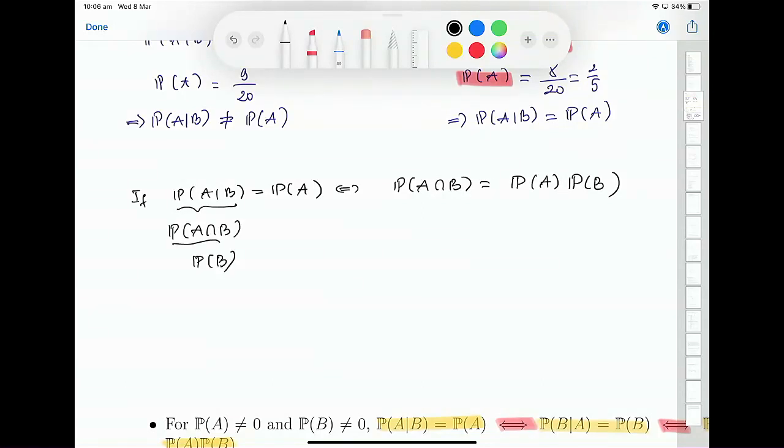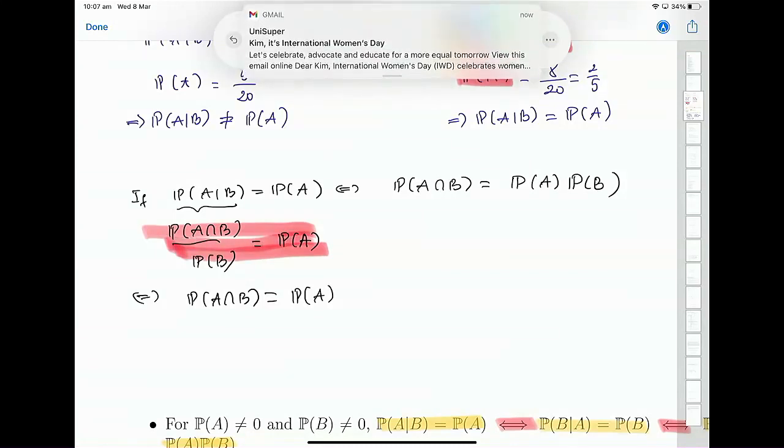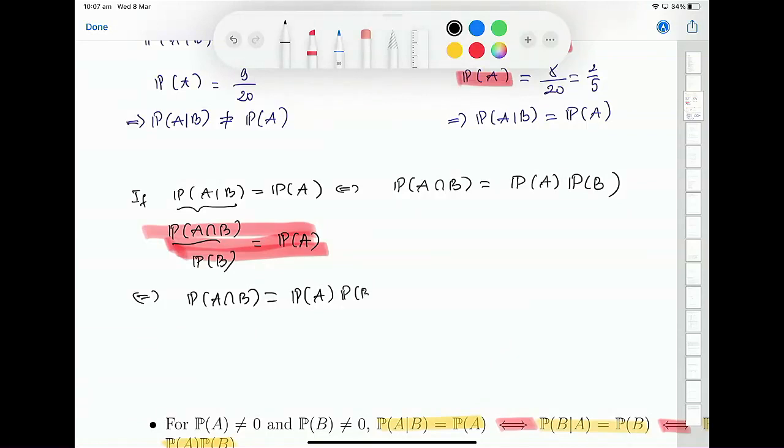And because this equals the probability of A, you multiply both sides by the probability of B. Then this is equivalent to the probability of A intersect B equals the probability of A times the probability of B.